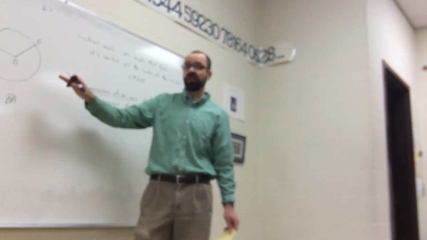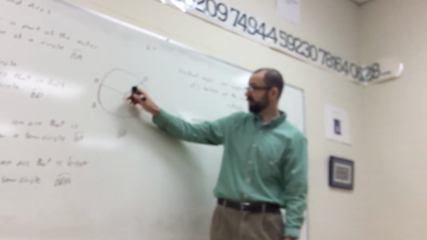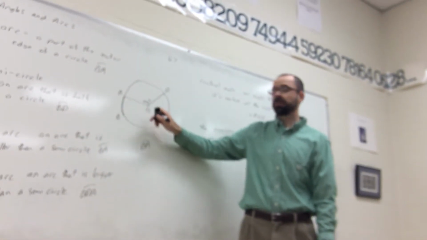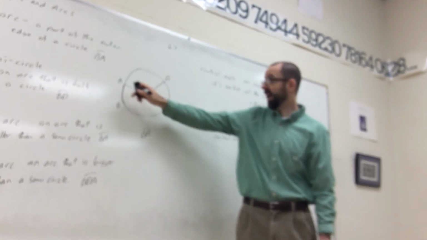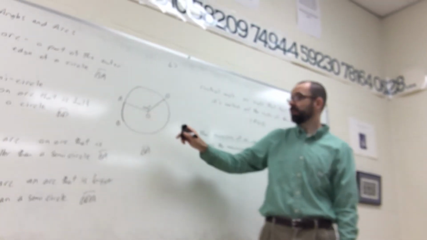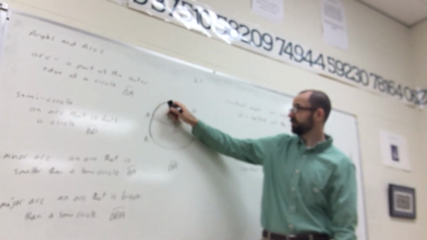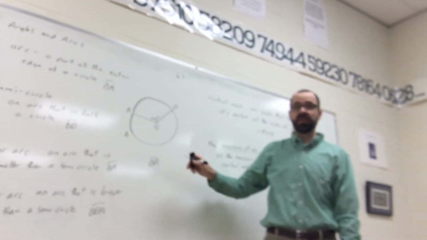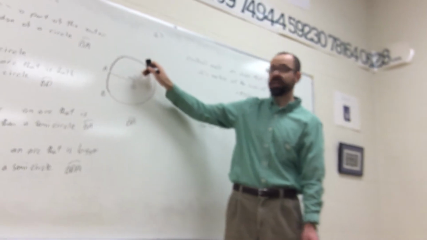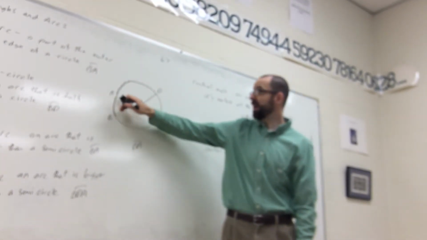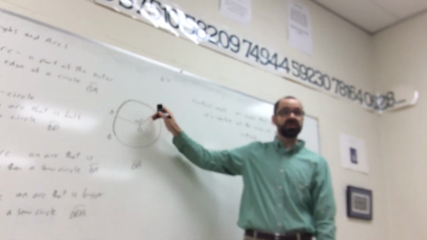So if I came over here and used my protractor to measure this, looks like maybe it's about 100 degrees. So this angle is 100 degrees. And now we could look at this arc here that goes with it. So see how arc AD goes with that angle? Then the measure of that arc is also 100 degrees.